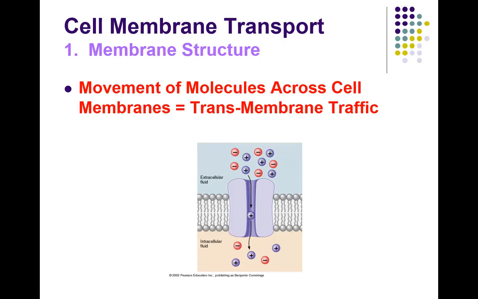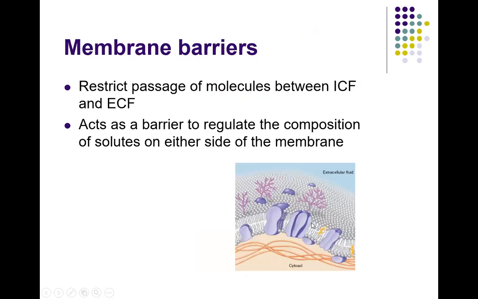So when we look at this movement of molecules across the cell membrane, it is also called transmembrane traffic. So trans is to cross that membrane, going from the extracellular fluid to the intracellular fluid, so the outside of the cell to the inside of the cell. The plasma membrane or cell membrane is essentially a barrier.